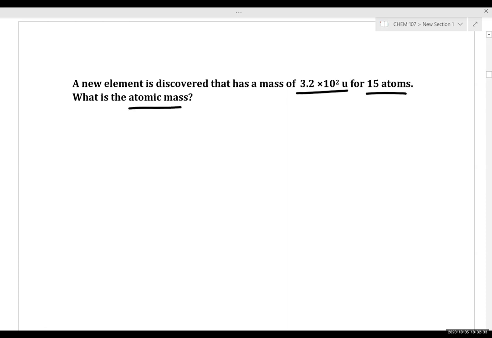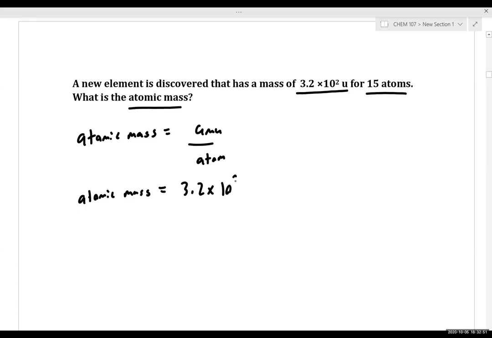So we're asked, what is the atomic mass? So atomic mass is the mass in AMU per atom. So to calculate our atomic mass for this new element, we're going to take the mass in AMU and divide it by the number of atoms.